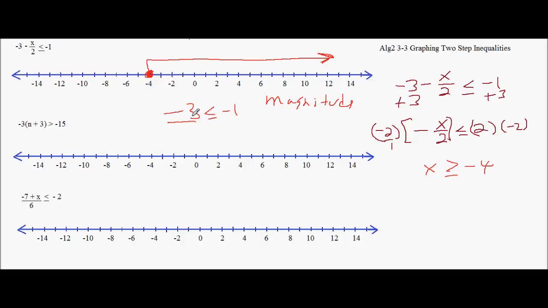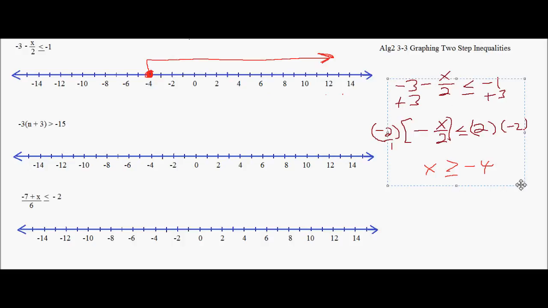Negative 3 is magnitude-wise bigger than negative 1 as far as negatives go, right? But value-wise, negative 3 is considered less, more negative, more to the left. If something is to the left of something, the thing on the left is less than. That's just defined that way. Okay.